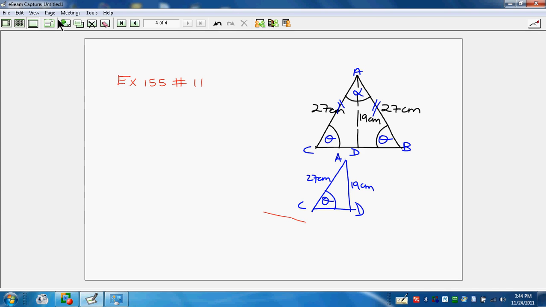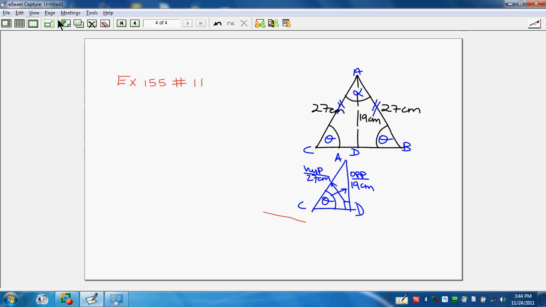So how would we go about finding this angle here? That angle theta could be found by observing that the 19 centimeters is opposite to the angle that we want to find, and the 27 centimeters, which is AC, will be opposite to the right angle. And therefore, this will be the hypotenuse.